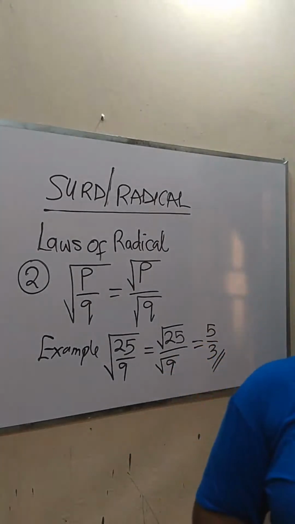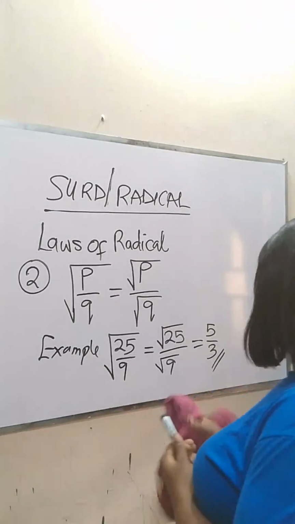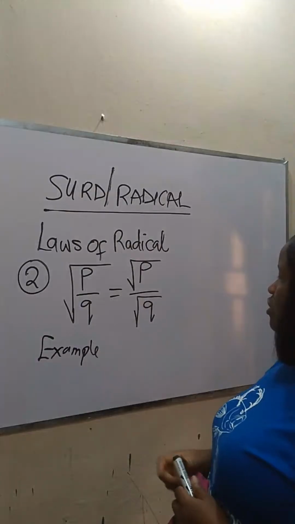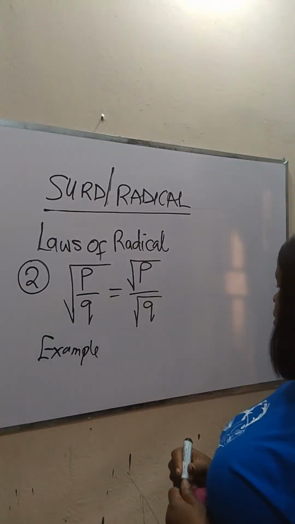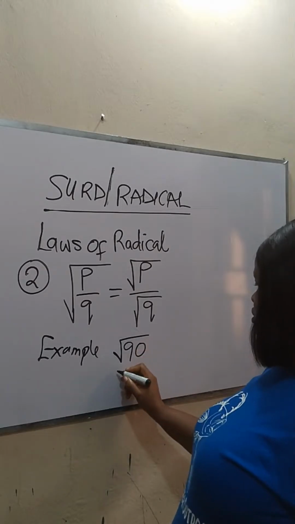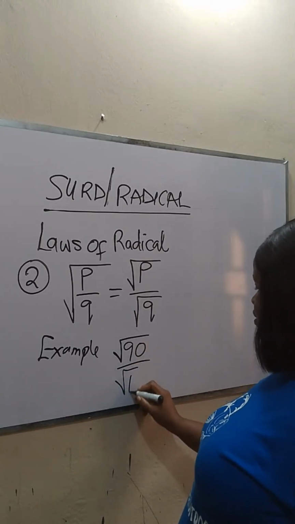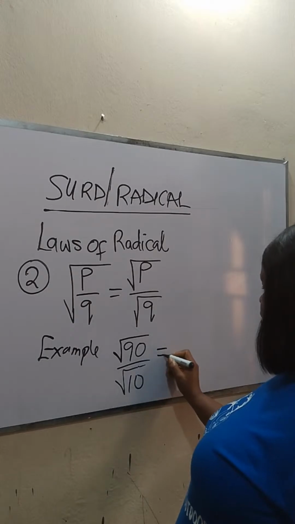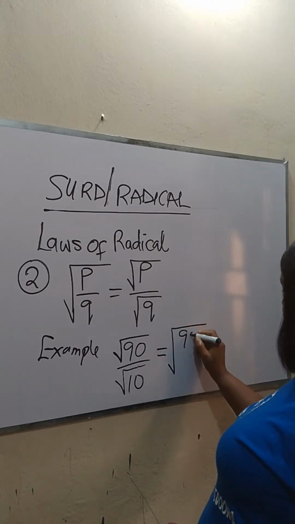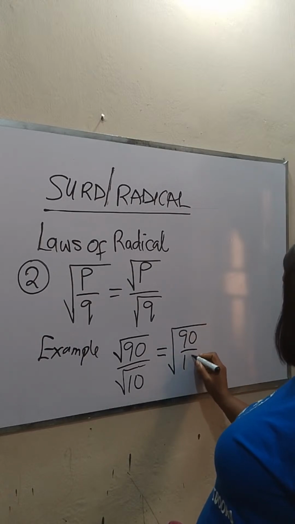Let me show you another example. We have square root of 90 over square root of 10. This is equal to square root of 90 over 10.